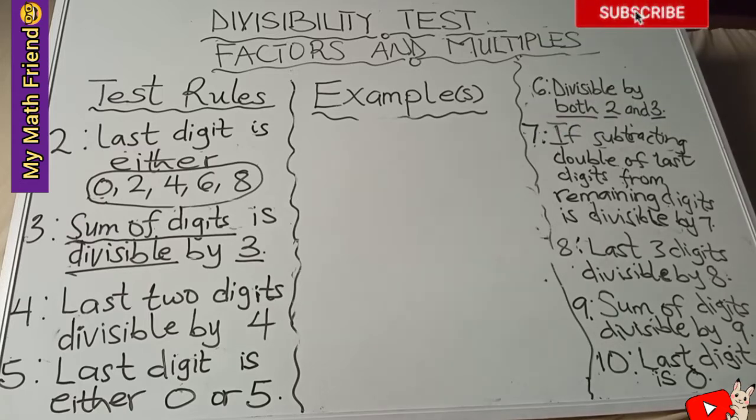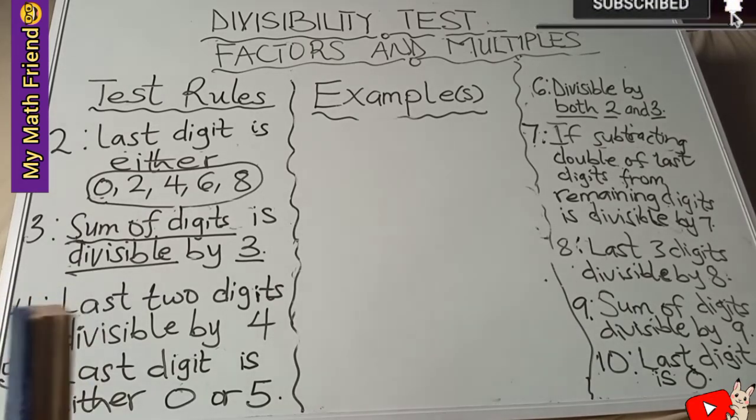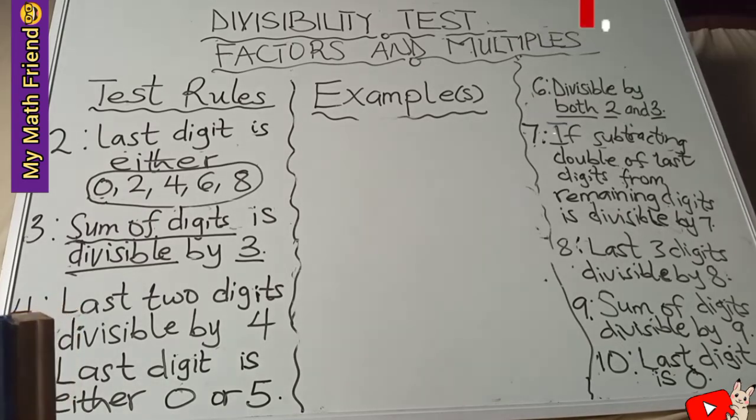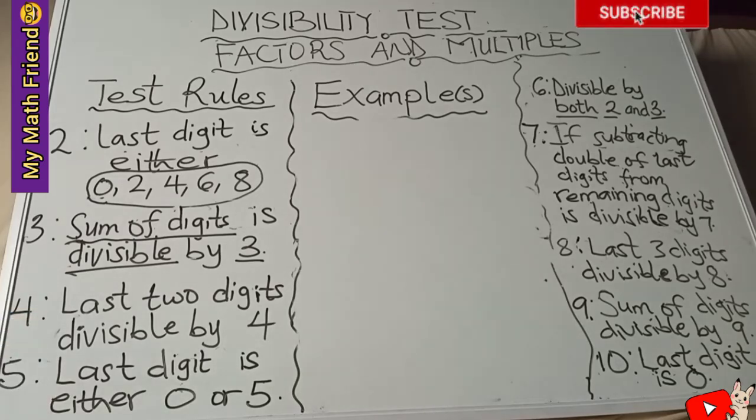Note that there are a lot of methods, so we'll be looking at some simple methods to find the highest common factor and the least common multiple.